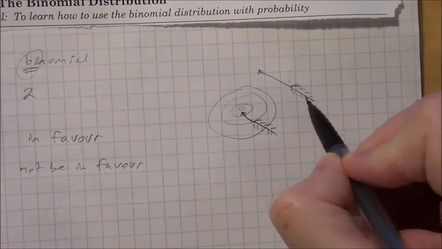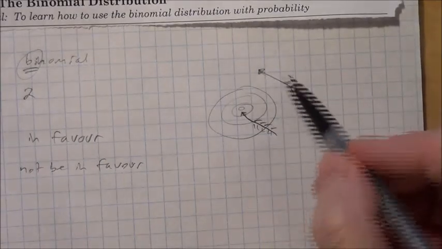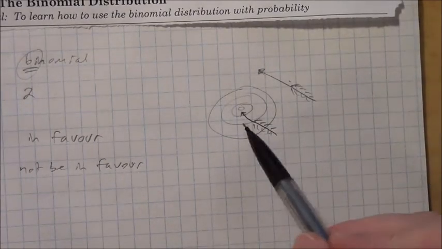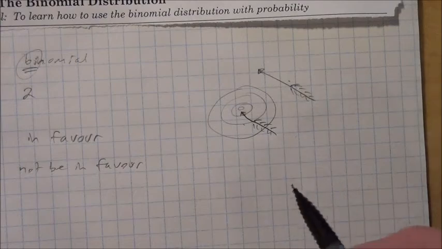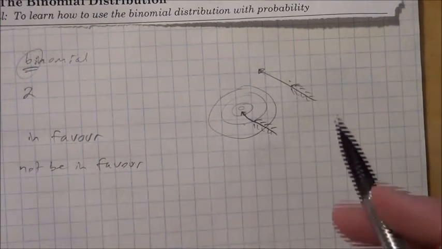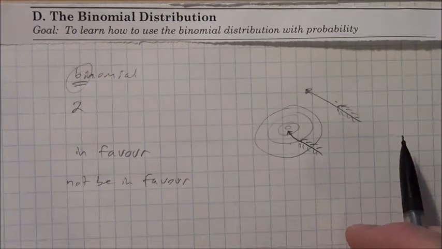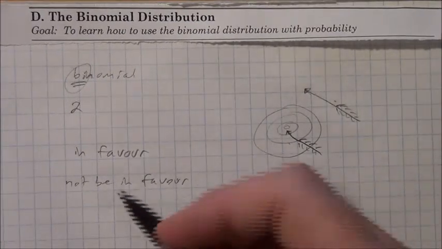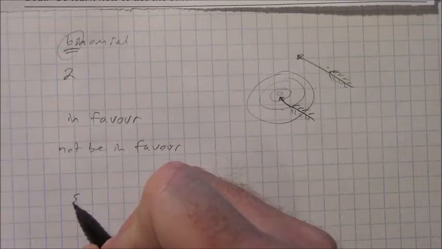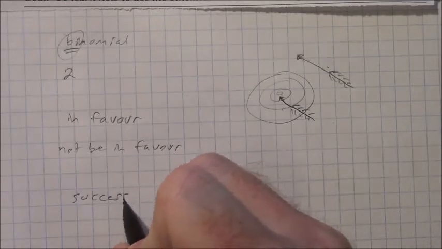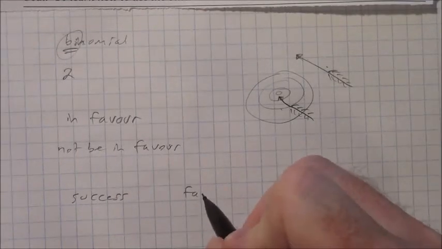Those are the binomial, the two possibilities, either hitting the target or not hitting the target. And so when we discuss these binomial situations, we label one as a success and we label the other one as a failure.